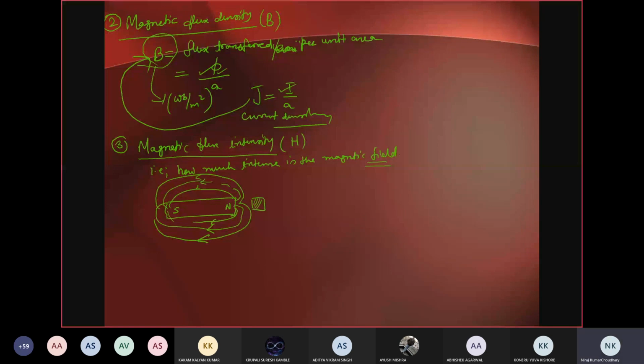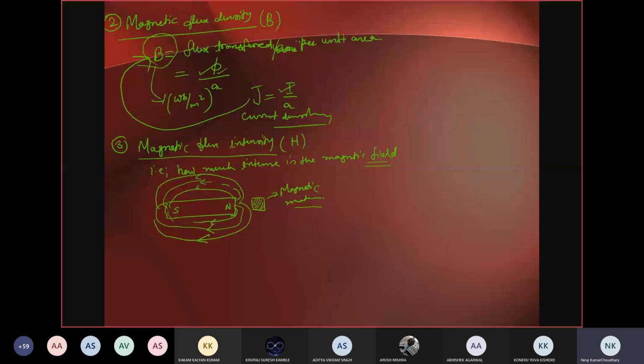This is a magnetic material. So how much force this magnetic material will receive when placed near or adjacent to the north pole, right? So this will give you the information about the intensity of a magnetic field.